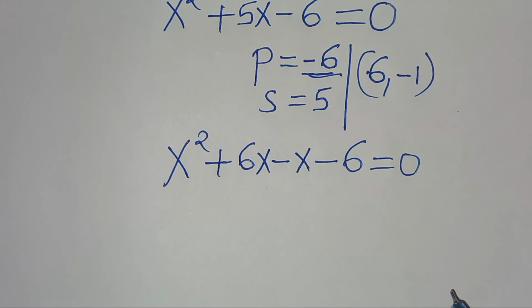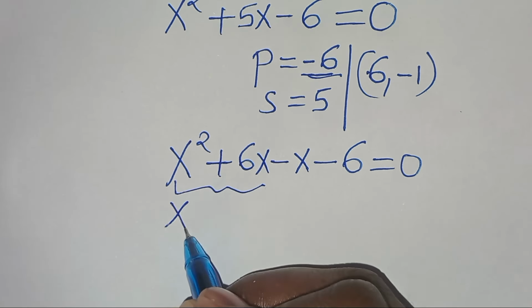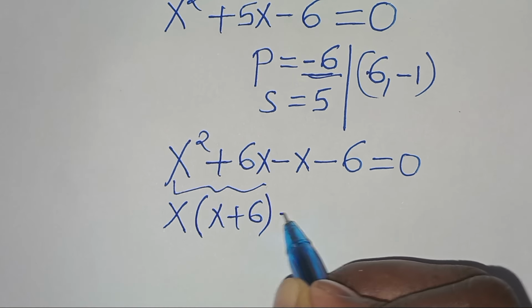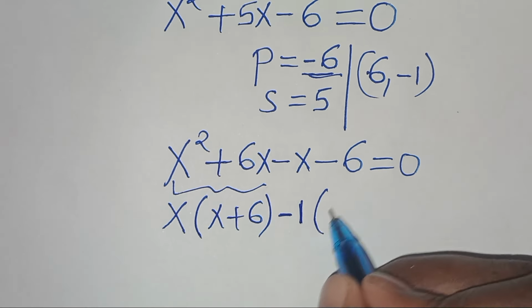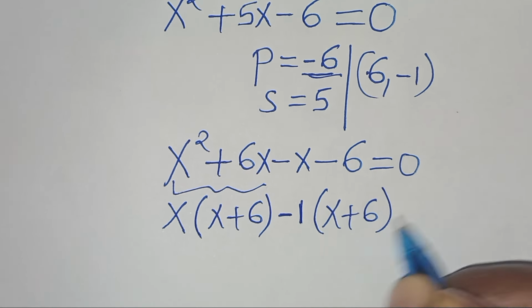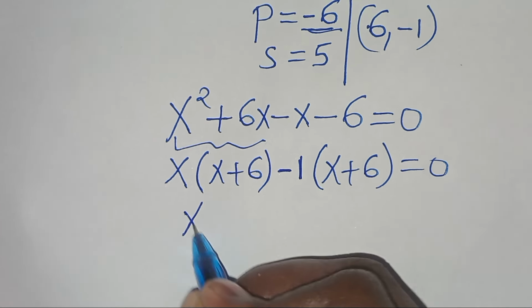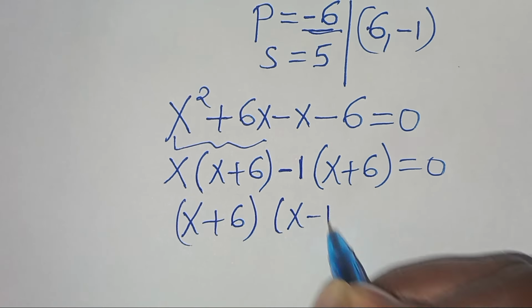Now, from the first part here, x is common, so we can factor out x so that we have x plus 6. Then, from the second part, we have 1 is common, so we have x plus 6. This is equal to 0. So we have that x plus 6 is common, so we have x plus 6 and we have x minus 1.